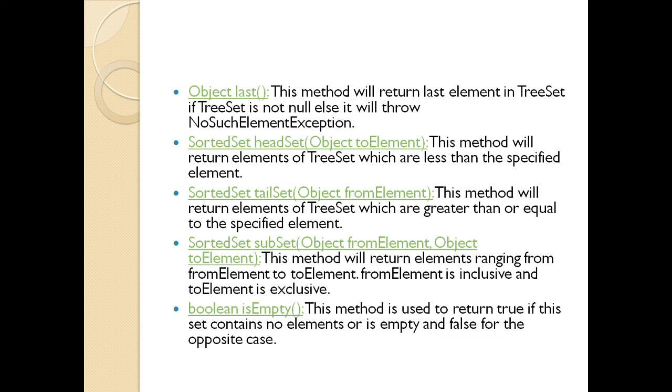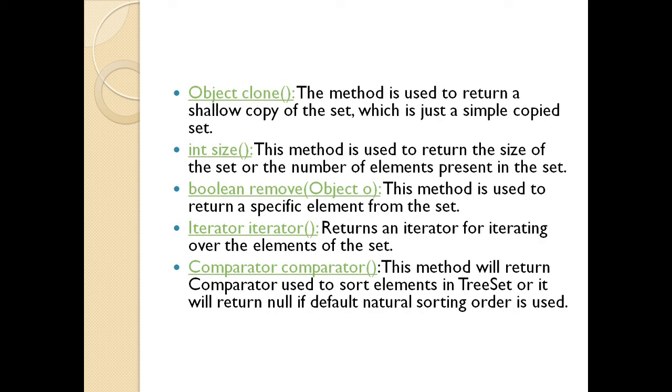Object clone creates a cloned copy of the tree set. Int size method returns the size of the set, the number of elements present in the set. Boolean remove, if I pass a parameter object, will remove the specified element from the set. Iterator returns an iterator for iterating over the elements of the set.